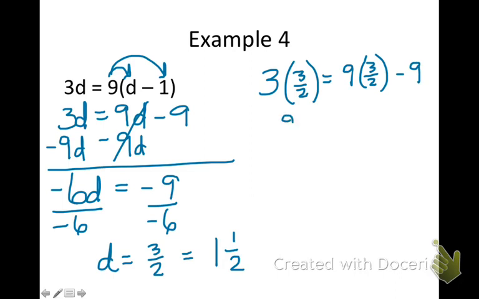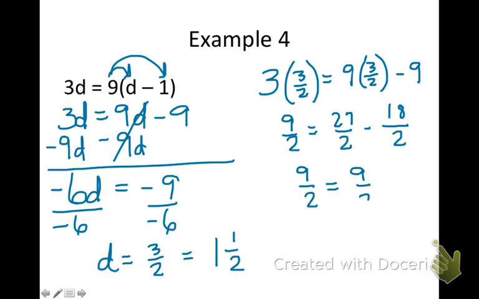So I'll have 9/2 is equal to 27/2. And if it's going to be minus 9 and I want to write it with a denominator of 2, it'll be 18 right here. So when I take 27 minus the 18 on the right, I get 9/2, and I know that my math checks out then. So that's one way to do it if you have fraction solutions.